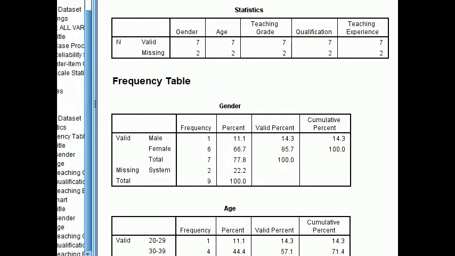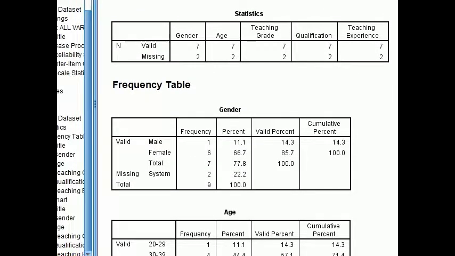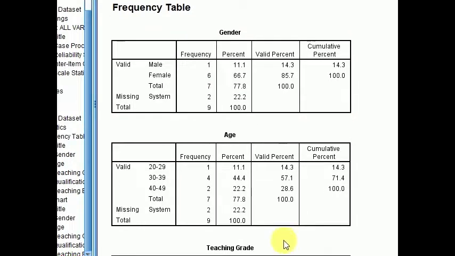Here, you have not sent me the two other respondents. So we have missing two items. Gender, one is male, one is female. There's a missing. For the age, one is 20 to 29, one is 4 belongs to the 30 to 39, 2 belongs to the 40 to 49, and there are 2 missing.